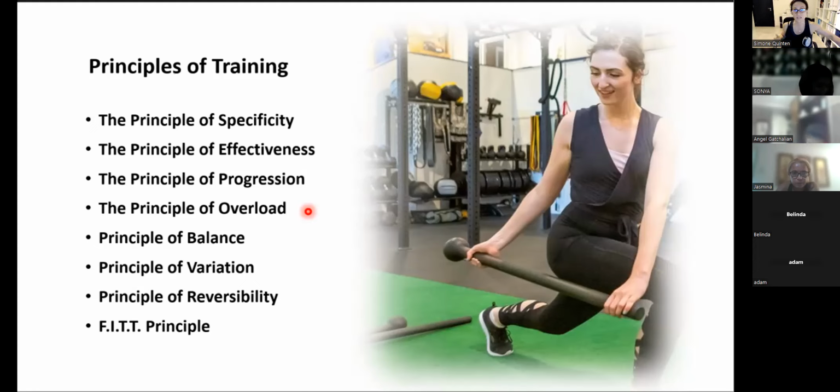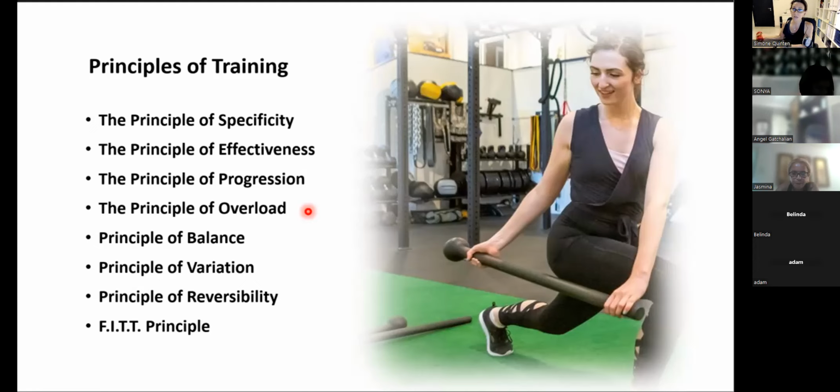Let's say you're doing a normal tempo like 1-2 and 1-2. For example, you go to a person's house and they only have limited weights, so you need to play with what you have. You need to make sure that you get the most effect out of this exercise and you still have a progression.